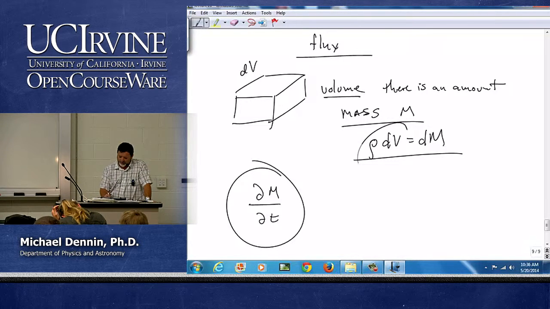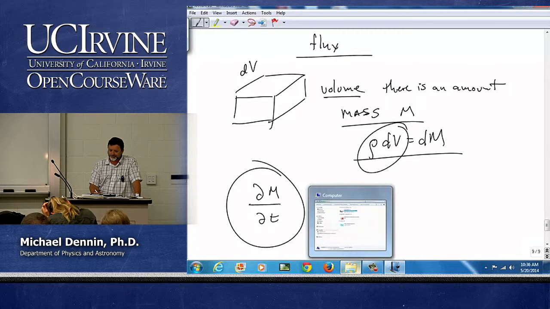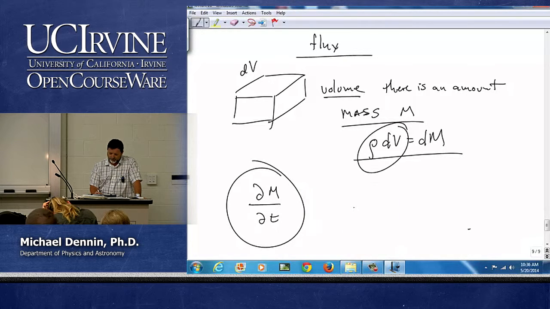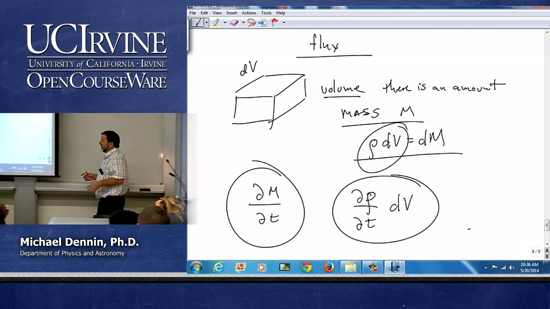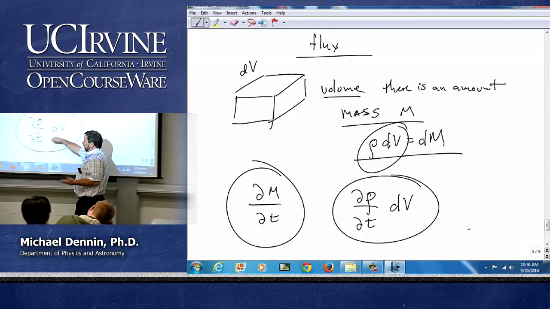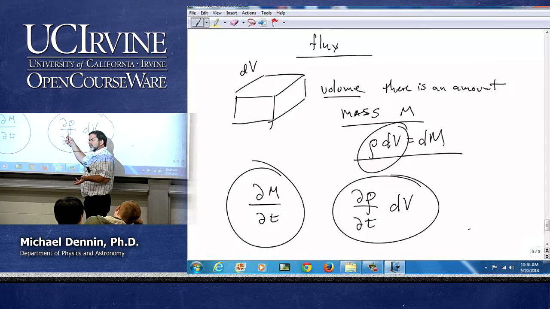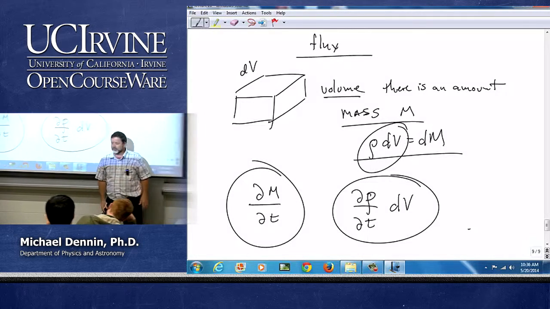Now, we're going to write it in terms of density, d rho. So what we're going to worry about is d rho dt times the element dV that's not changing, right? We've picked a fixed spot in space that's not going to change, and mass will change if the density changes in there, because we're going to keep dV fixed.